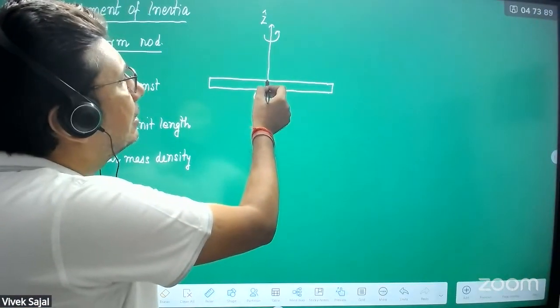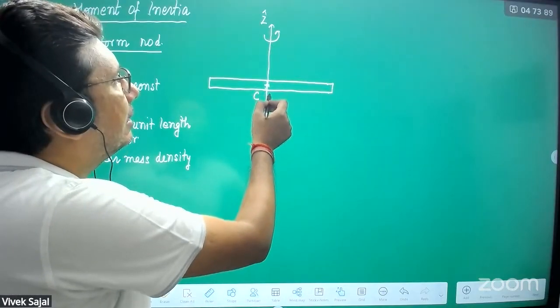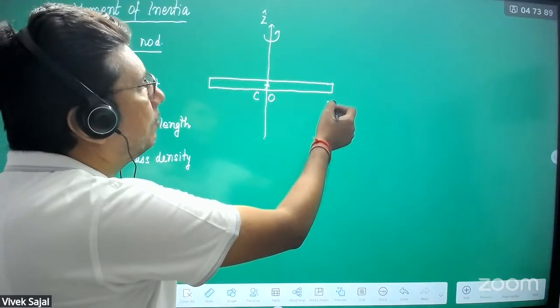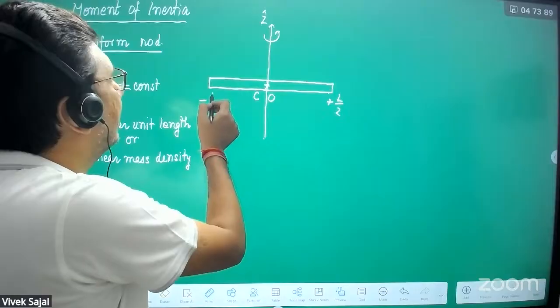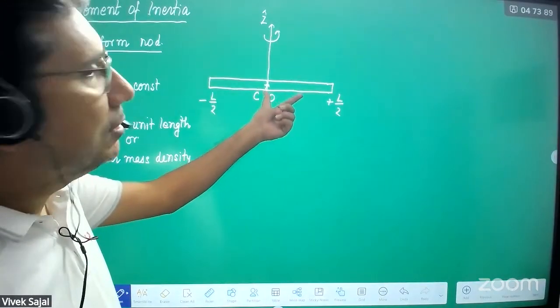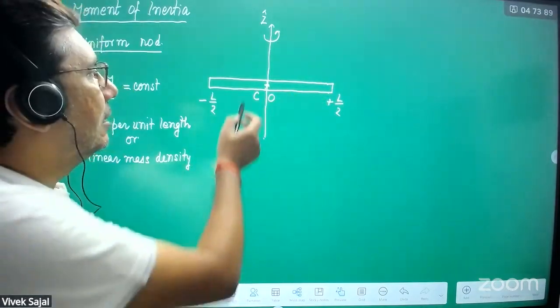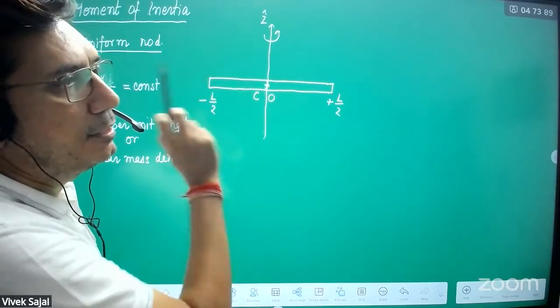How are you going to do it? You can consider that this rod is made up of two parts. I consider the center as origin, and on this side you are having positive, so this will be plus L by 2. On this side I can consider minus L by 2. So the rod is made up of two parts, 0 to L by 2 and 0 to minus L by 2, and they are rotating like this.